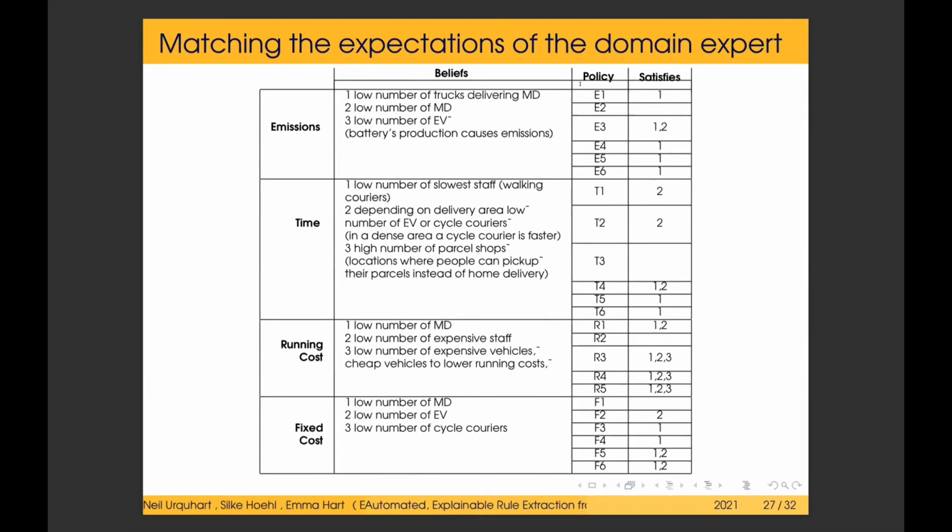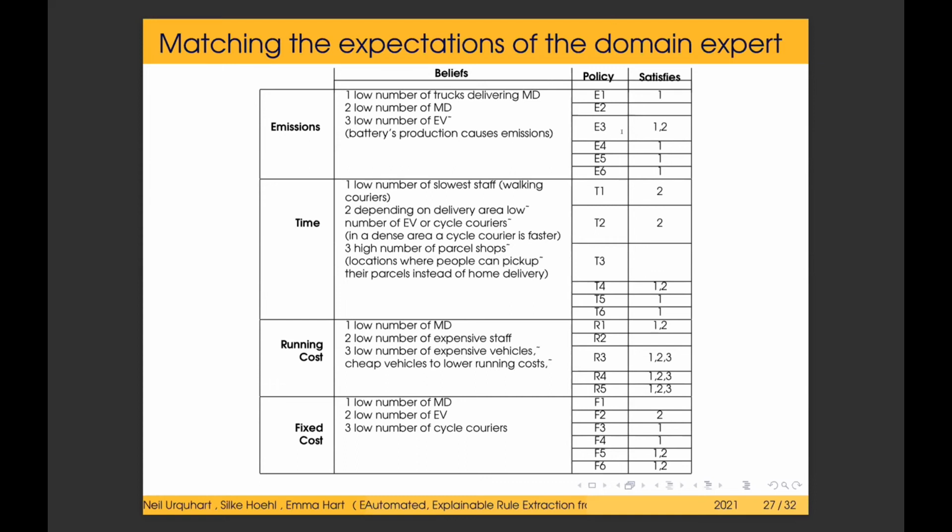We then went through the policies that we had evolved and asked, of the evolved policies, how many of them satisfy these beliefs? What we discovered very quickly was that in each case, the majority of beliefs are covered. We tended to find that the first belief was almost always the easiest to cover.